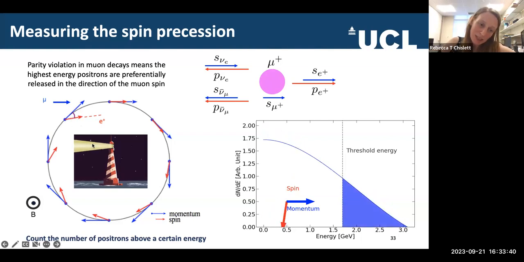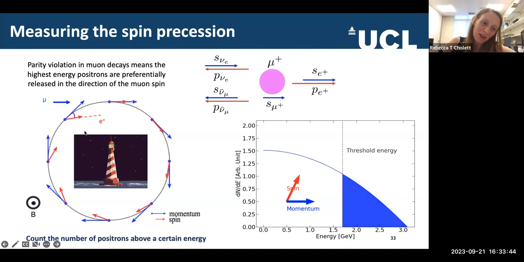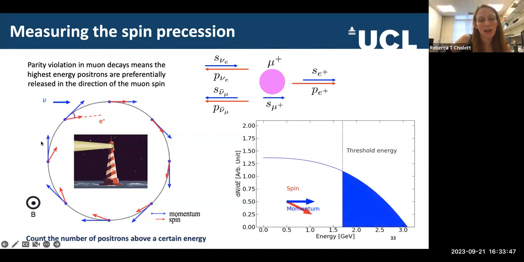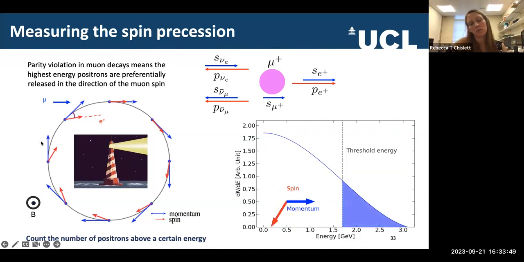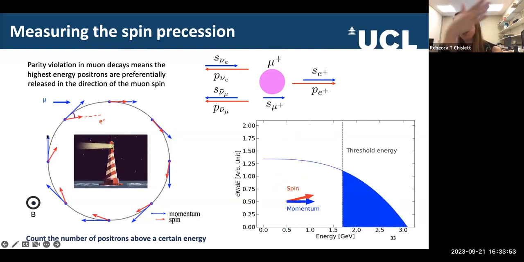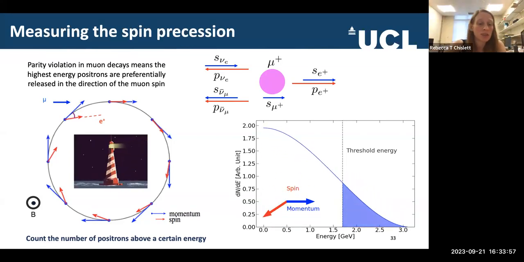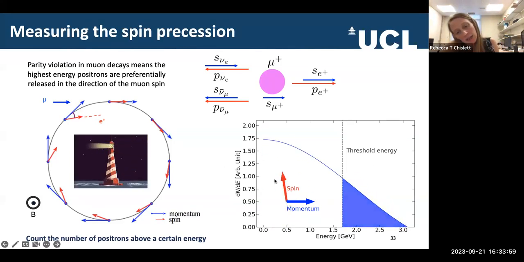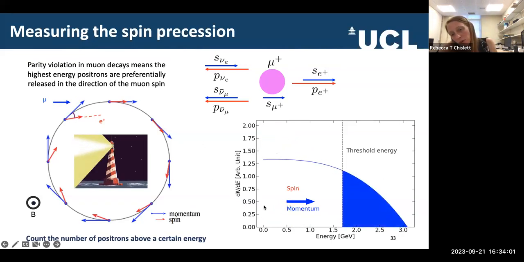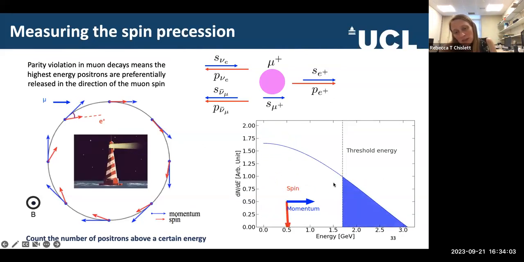Essentially, this means that as time goes on, the muon acts a bit like a lighthouse, spraying out positrons around, and so when the spin is pointing in the direction of the momentum, you get more high energy positrons, and when it's pointing away, you get less. And the plot on the right kind of shows this.